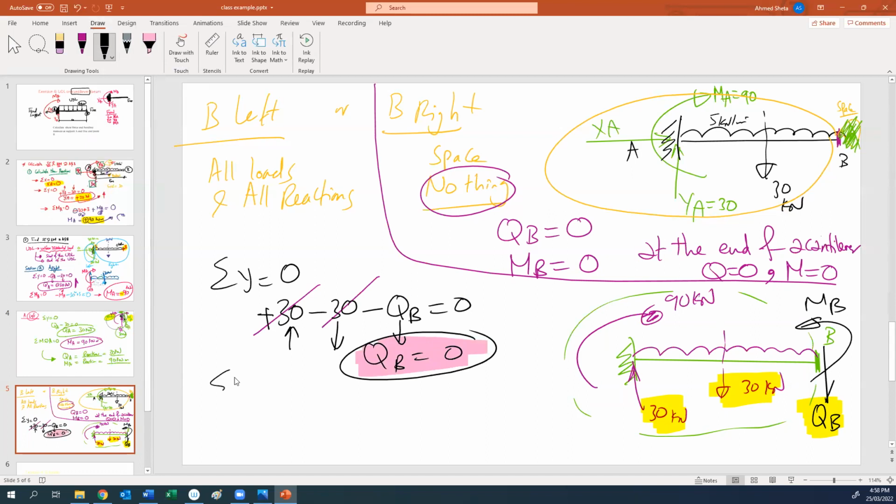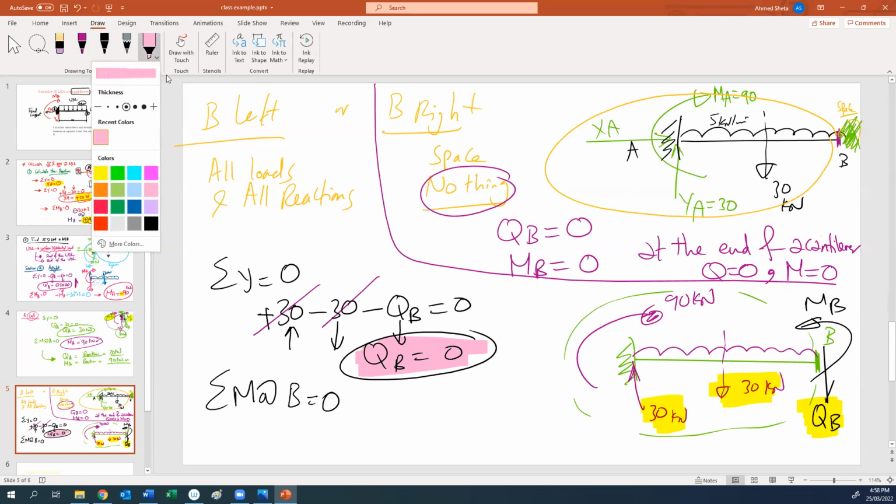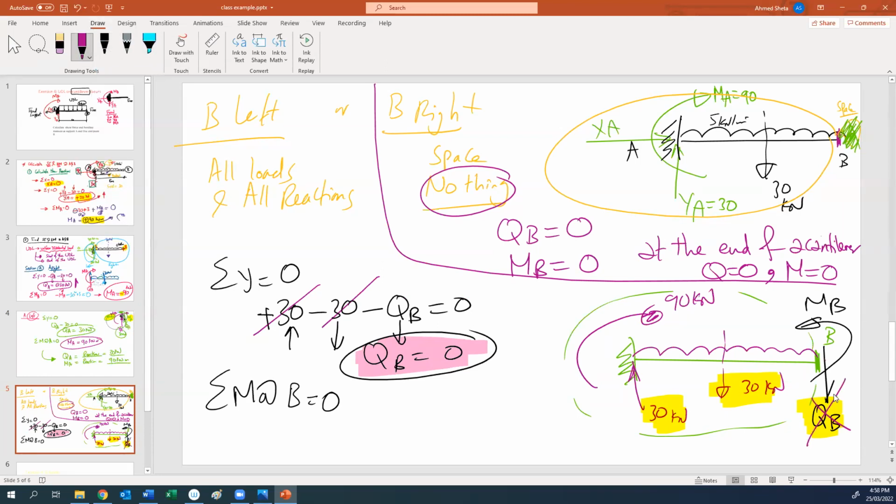Again, we apply moment at B. If we apply the moment at B equal to 0, what causes moment at B? First, this one will not cause moment at B because this passes through B, so no moment.